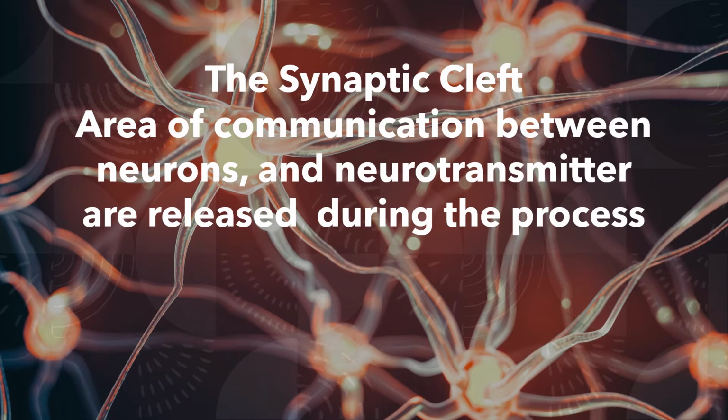Through this communication or connection, there is a release of neurotransmitters. That means that of two neurons, one is transmitting and the other is receiving. Through this communication, there is an ejection or release of neurotransmitter.